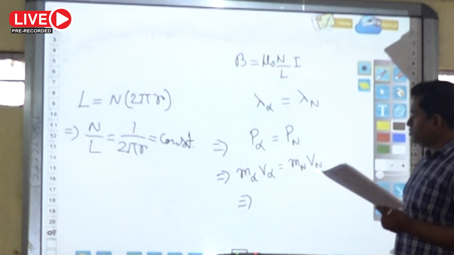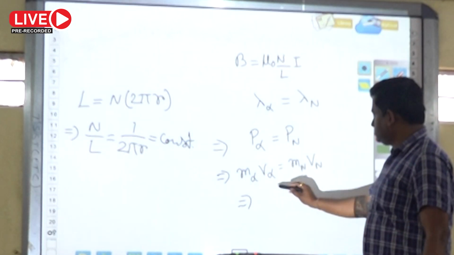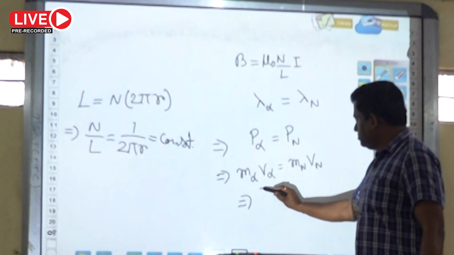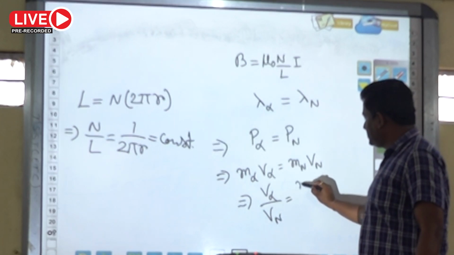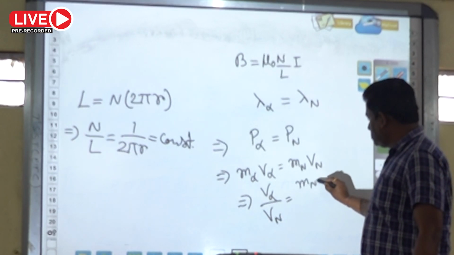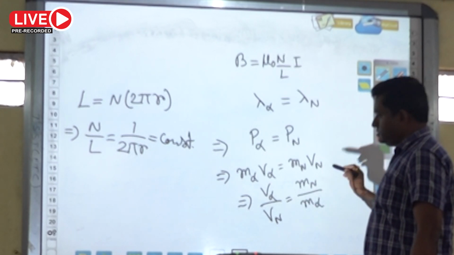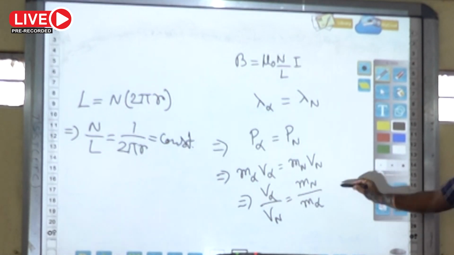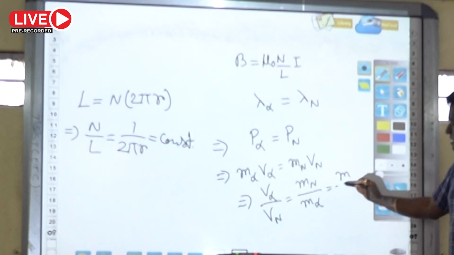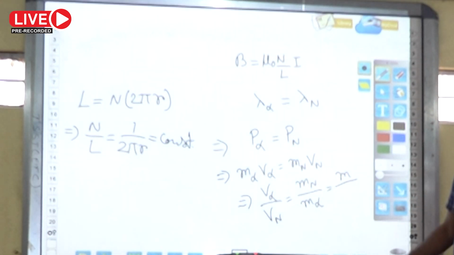From this we have to compare the velocity of alpha by velocity of neutron equals m neutron by m alpha. Now, if I consider that proton and the neutron are almost of the same mass, then neutron mass is m, and alpha particle mass will be 4m.